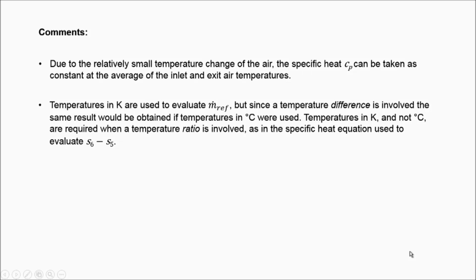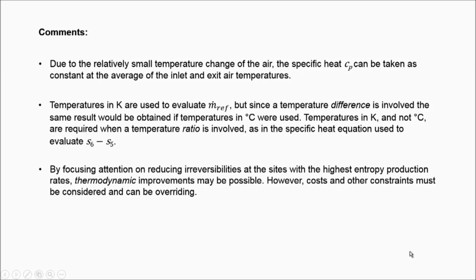Temperatures in Kelvin are used to evaluate m dot refrigerant, but since a temperature difference is involved, the same result would be obtained if temperatures in degrees C were used. However, temperatures in K, not degrees C, are required when a temperature ratio is involved, as in the specific heat equation used to evaluate S6 minus S5.